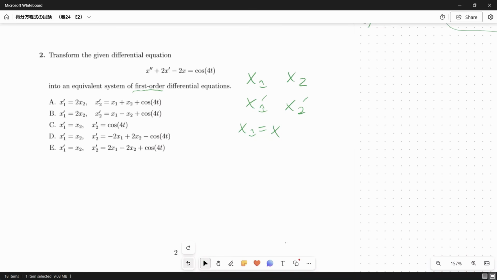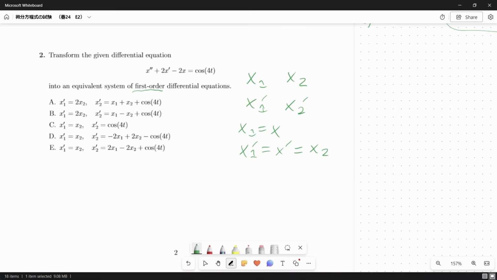To find x sub 1 prime, we can just differentiate x sub 1, so x sub 1 prime is equal to x prime. Then we can relate this to x sub 2, and say that x sub 2 is equal to x prime, which is equal to x sub 1 prime.